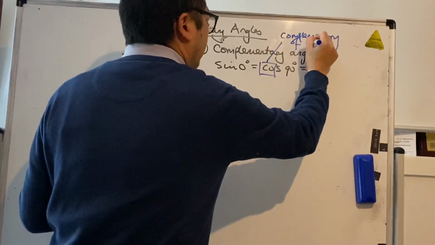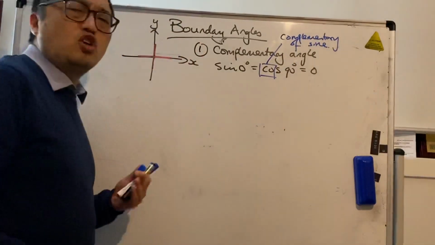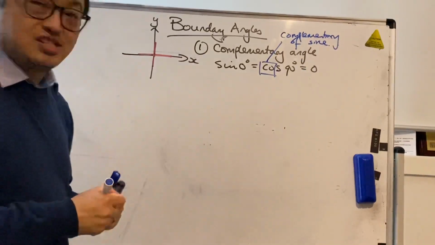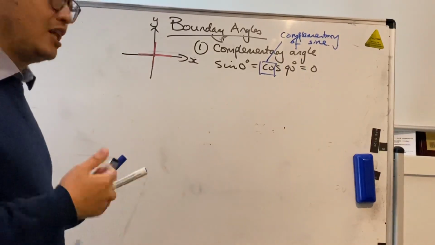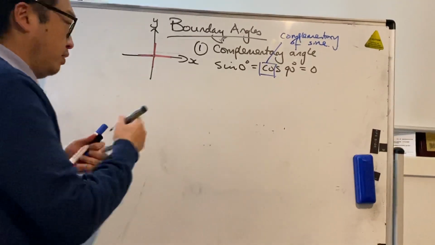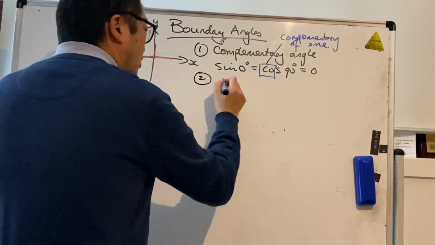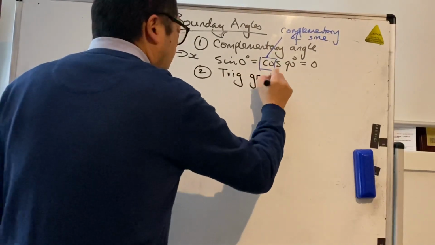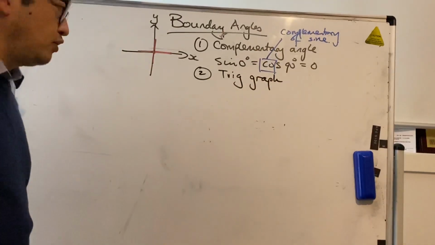Now you might be wondering, how did I get 0? Aha, that's the thing I'm going to talk about in a little bit more detail in the second and third approaches. So the second approach, I'm going to talk about from the trig graph approach. So let's have a look.